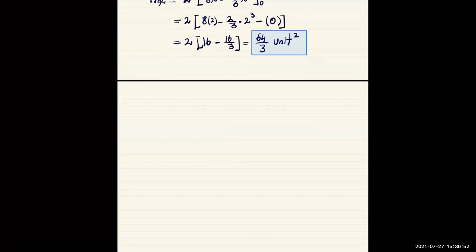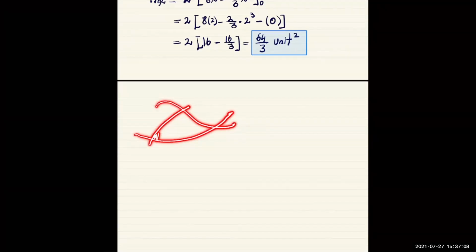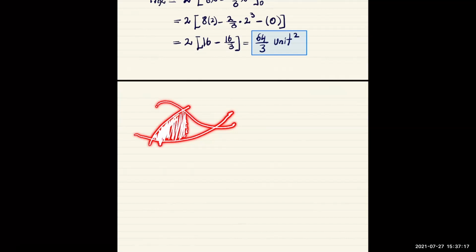Okay, so for instance, let's say we are looking at this region, the area between those three curves. If you notice for this sub-region, until here, the top function is this curve.